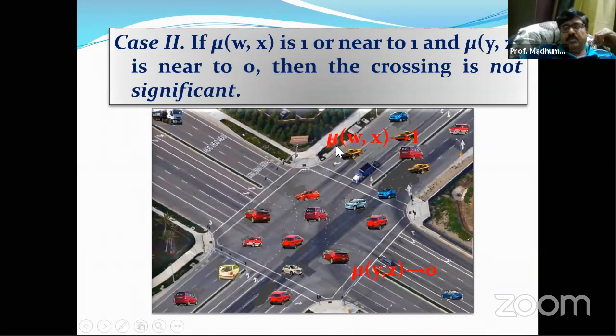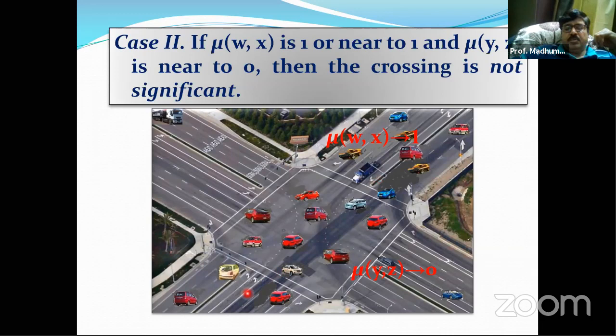But the degree of crowdedness of the road WX, that is, mu of WX, tends to 1. Here we consider the crowdedness of the road, and that crowdedness is measured by the degree of crowdedness or membership value of that particular road.